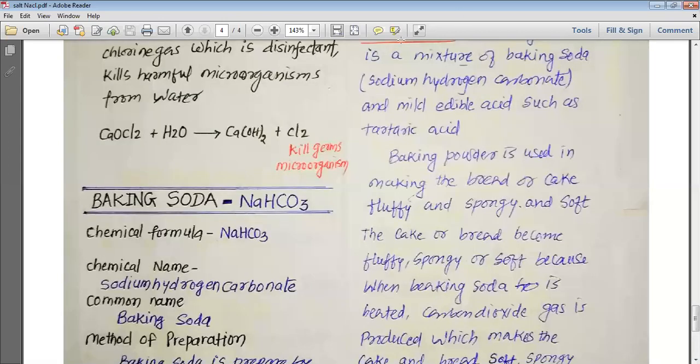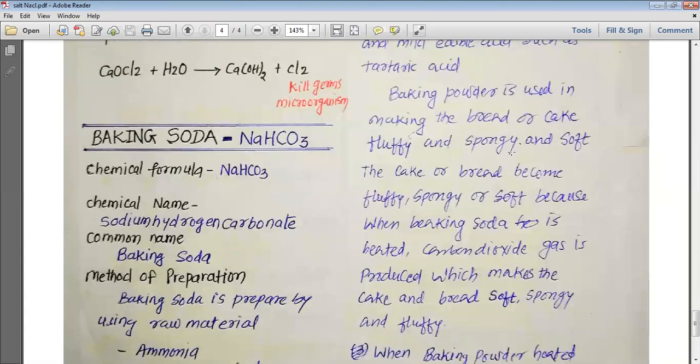The bread or cake becomes soft and spongy by the use of baking soda, because baking soda, when heated, produces carbon dioxide gas, and this production of carbon dioxide gas makes the bread and cakes fluffy and spongy.